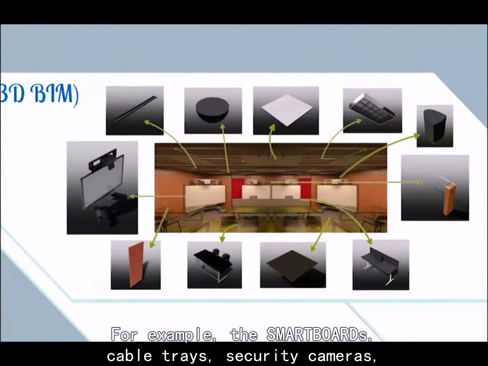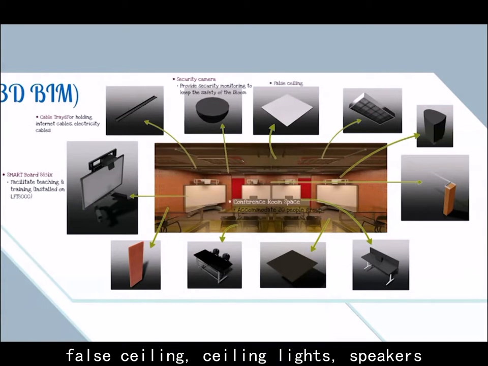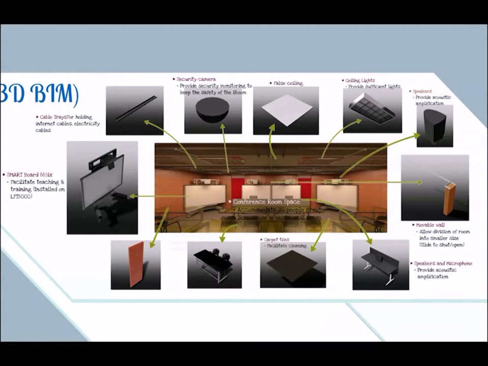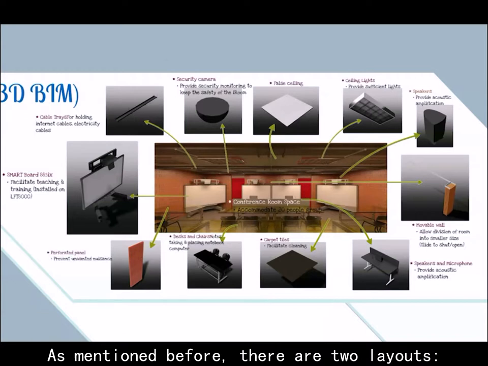For example, the smart board, the cable trays, security cameras, false ceilings, ceiling lights, speakers, movable wall, speakers and microphone, carpet tiles, desks and chairs, perforated panels.